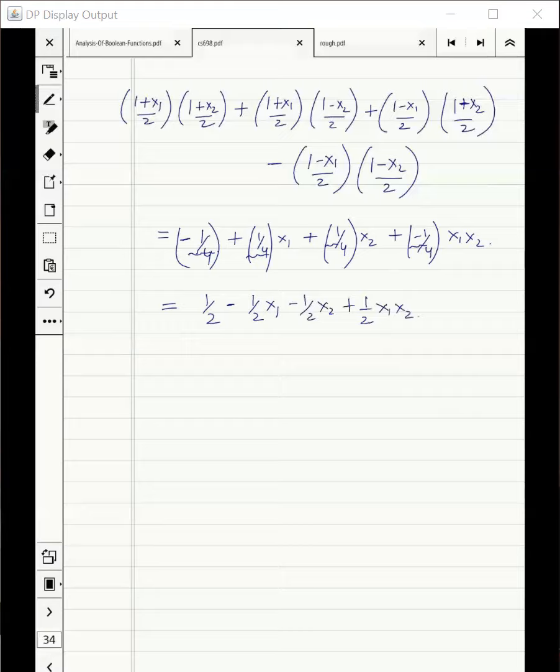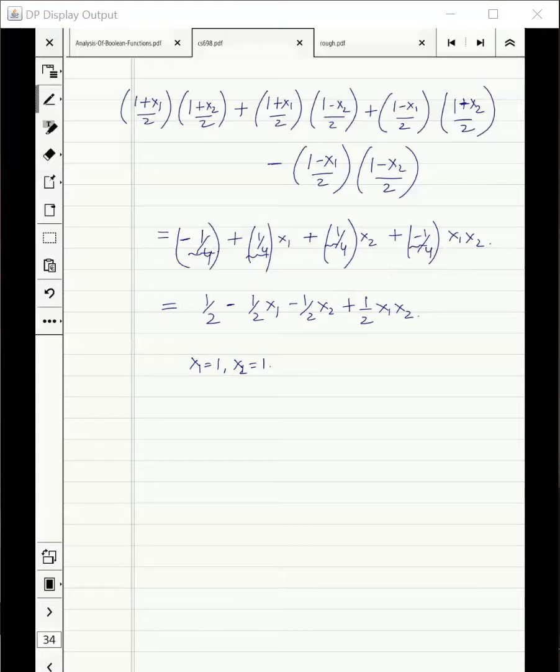Okay, so if you open up carefully and cancel out terms, this is what you get. Again, you can multiply and add up, and that's fine. So you can come up to this, and now you can see here, if you take x1 to be 1 and x2 to be 1, just the sign of x1 into x2 should be minus, right?